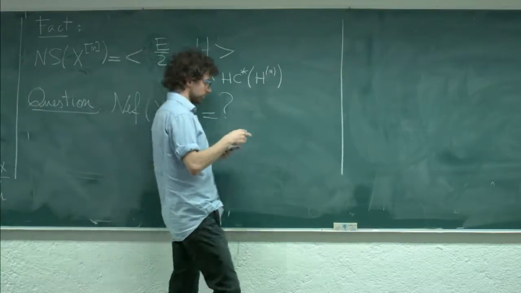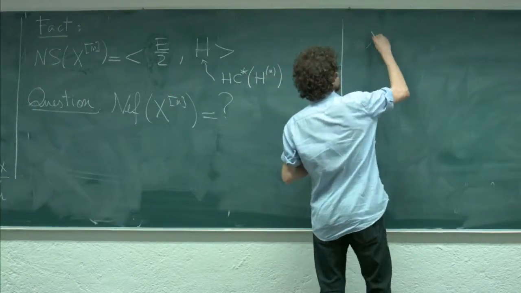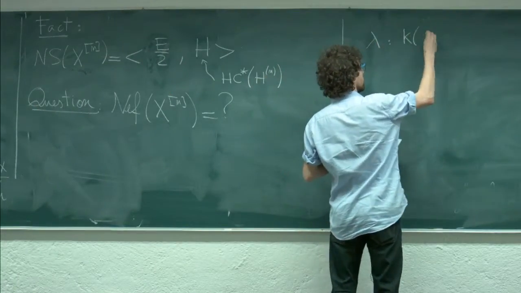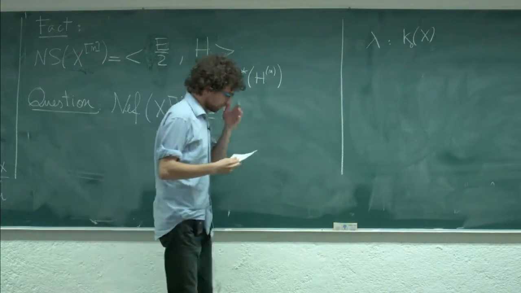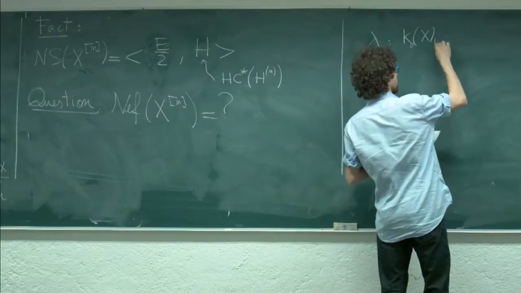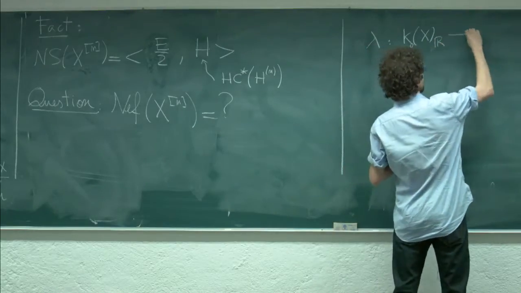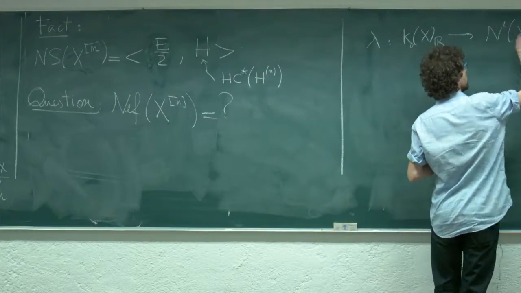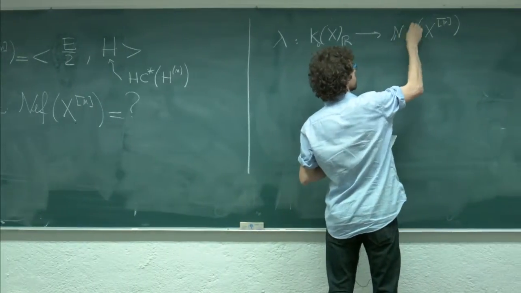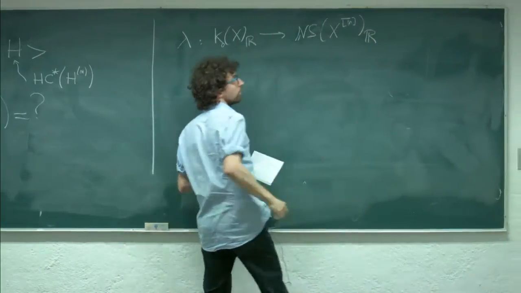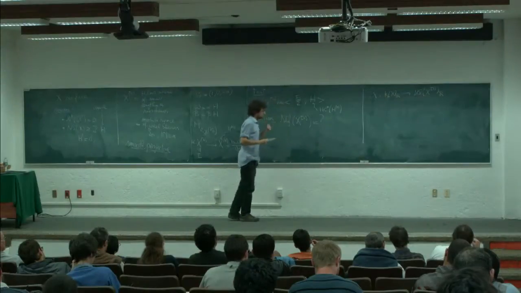And so how do I do this? As the following thing. So I consider the following map, lambda from K0 of X, okay, that we already introduced, the Grothendieck group. Maybe let me put an R here, although it's not really necessary. And then I'm going into N1 of Xn. So this is, oh, sorry, I did not before NS. Okay. And what is this map?